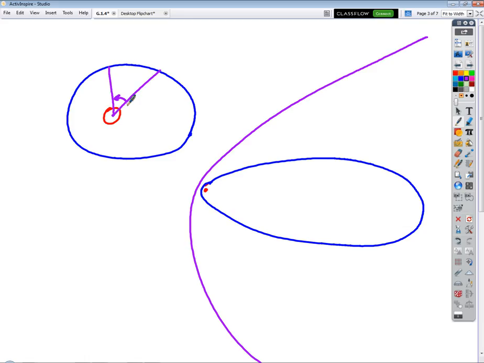For example, when we study physics, hopefully you'll all be studying physics later, the area that is traveled through, like the area of this arc right here for the planet as it travels around the sun, that area is being swept out at a constant rate.